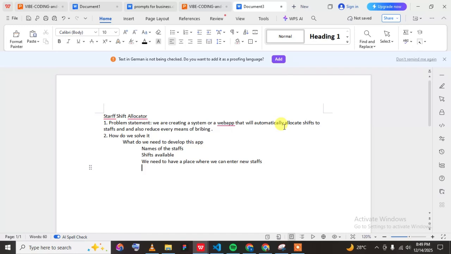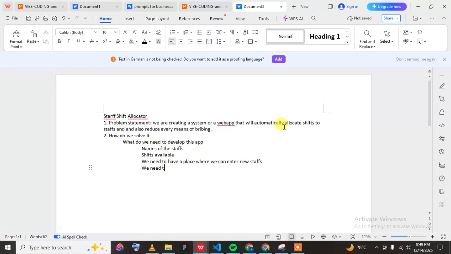Okay, we also need to set a rule. How many times is somebody doing night shift in a week? How many times is somebody doing morning shift in a week? So we need to write that out. So we will also set a rule.